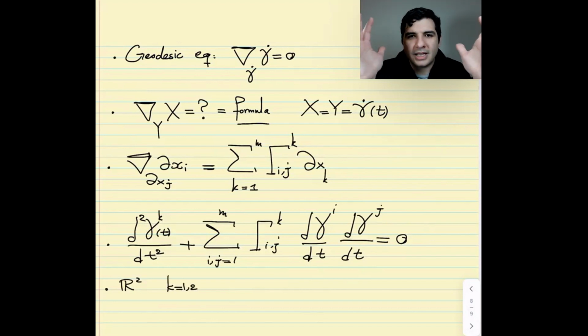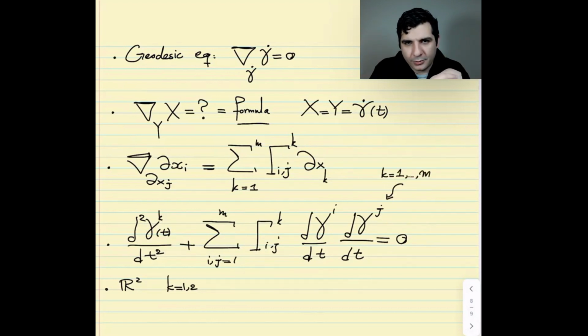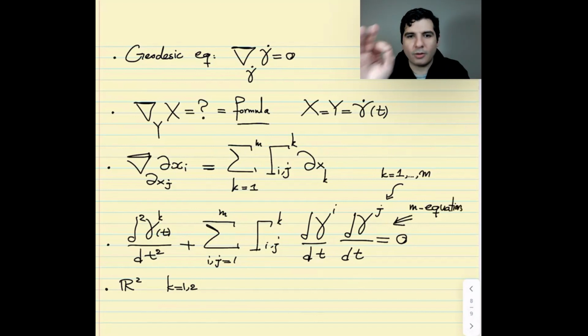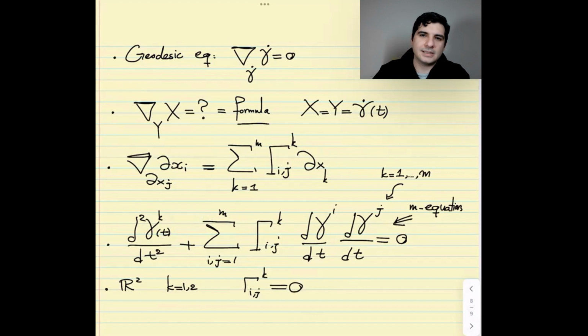Just to understand this equation, when we are working with R2, k can be only 1 and 2. Here in this equation, k goes from 1 to the dimension m. So there are actually m equations here. For each k from 1 to m, we get a different equation. On R2, all of these Christoffel symbols are 0. So the whole sum disappears. What do we get?